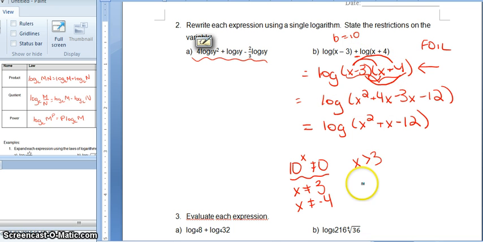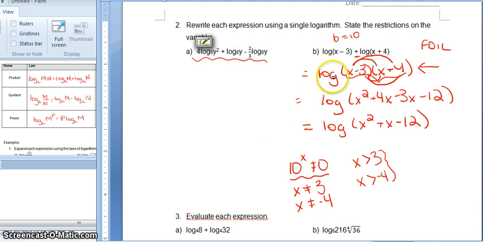Looking at the second term here, we have x, and what value would make the second factor here greater than 0, and that would be when x is greater than negative 4. Okay? So from here, we have to look at which one here would make sense if we just set this as one restriction.